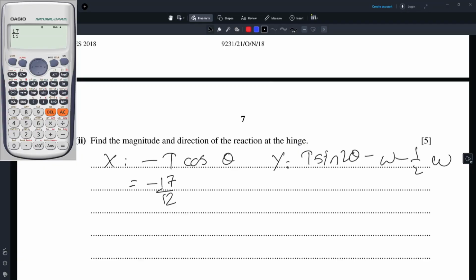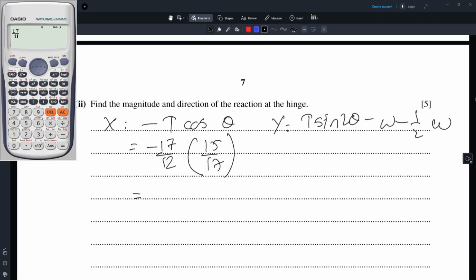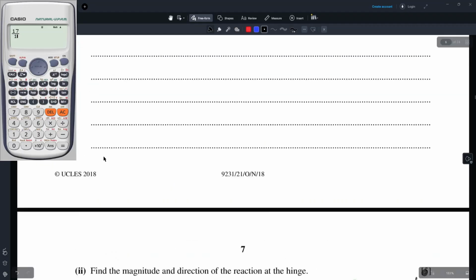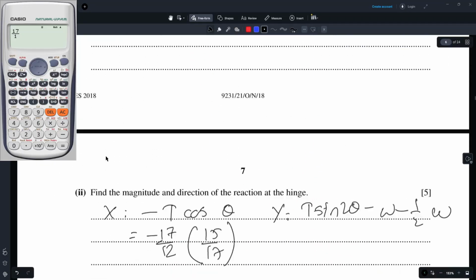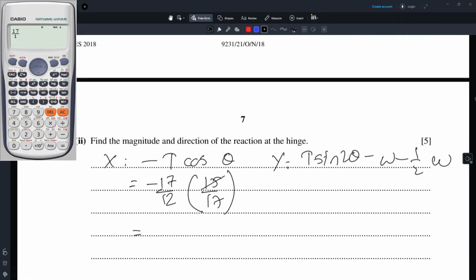So 17 by 12 into 15 by 17. So we have this is 5, this is 4, and these two get cancelled out. So we have a minus 5 by 4.